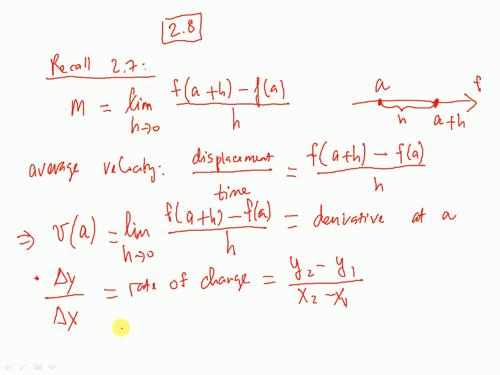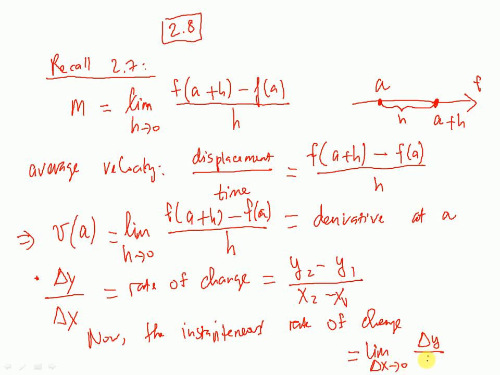Now for the instantaneous rate of change, we apply the same concept here. The instantaneous rate of change is just the limit when delta x approaches 0 of the delta y over delta x quotient. So the same definition.